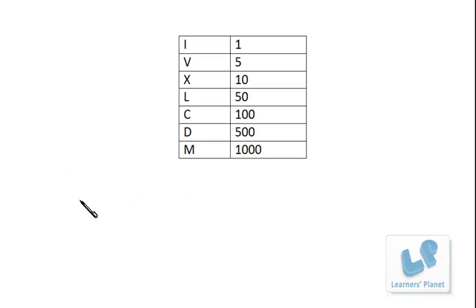Now let's write 75. Now it is 50 plus 60 plus 70 and plus 5. So 50 is L, then X, X, and then what is 5? That is V. Okay, so L, X, X, V is 75.